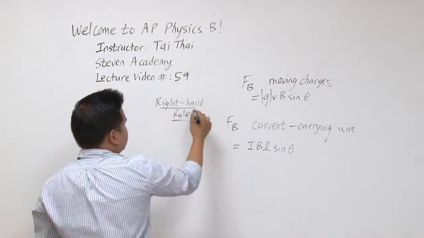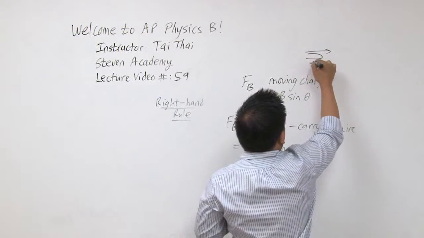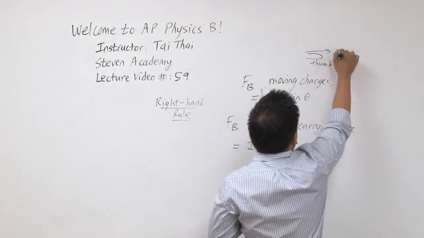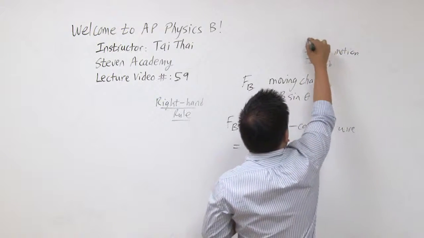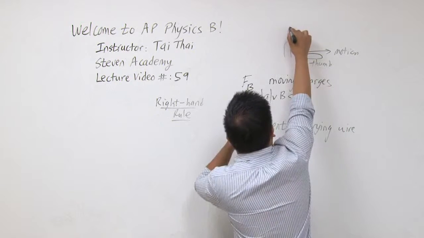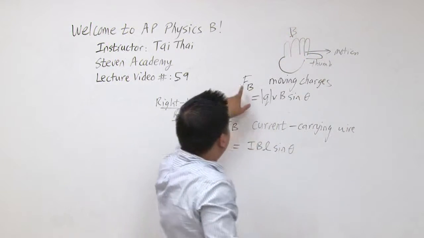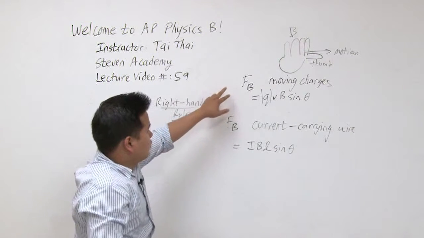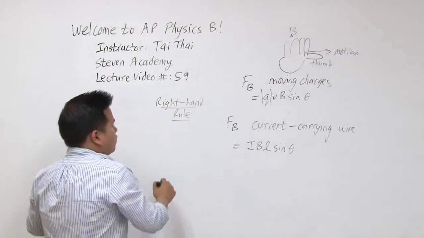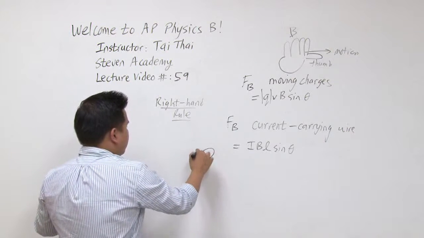For example, for moving charges, the motion, right? You put your thumb here, the motion, and then you put your other fingers in the direction of the magnetic field, right? And then you curl it so you can figure out where the force is going to be, okay? So, and then for this one, you use this where you can use like your thumb, right?